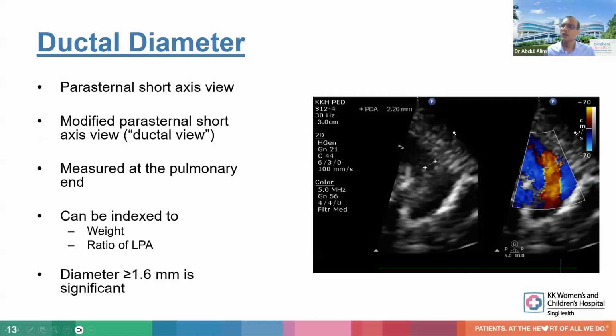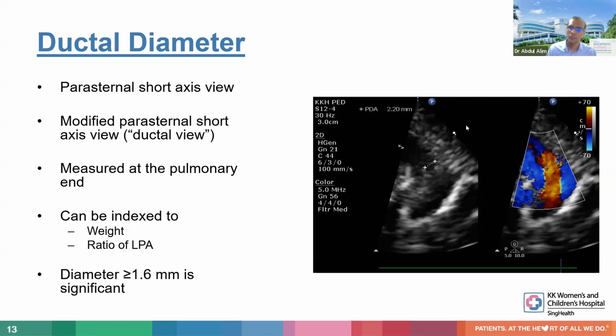Okay, so just minimize this. How do you measure the ductal diameter? We can measure in the 2-dimensional view as well as with color Doppler. The color Doppler slightly overestimates the ductal diameter. 2-dimensional is usually more accurate, but you need a slightly high-resolution probe. Most newer echocardiographic equipment has a relatively high-resolution probe.